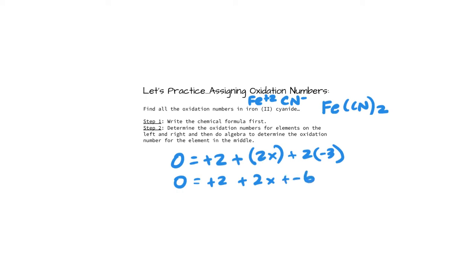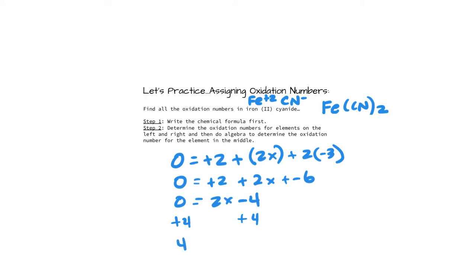Then I'm going to combine like terms. So I have 0 equals -6 plus 2, so this becomes 2x minus 4. Then I want to isolate the x, so I'm going to add 4.